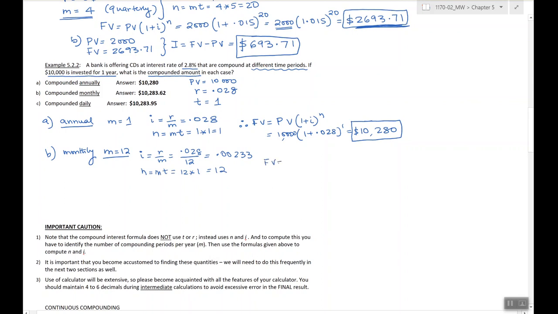Therefore, future value is 10,000 times 1 plus 0.00233 raised to the power 12. And when you use your calculator, you will see that it is 10,283.62.